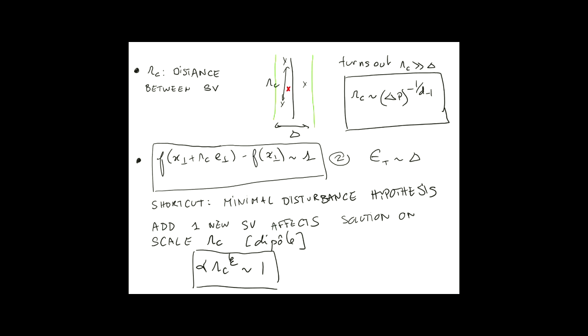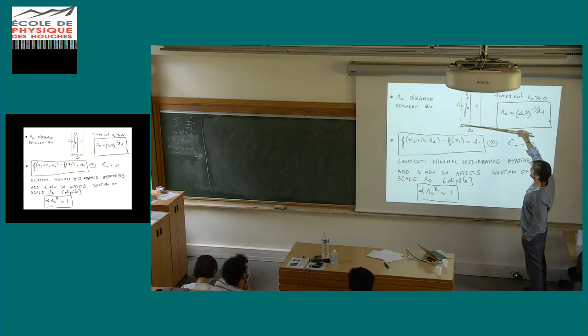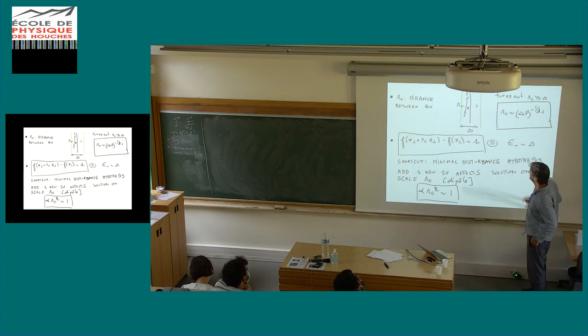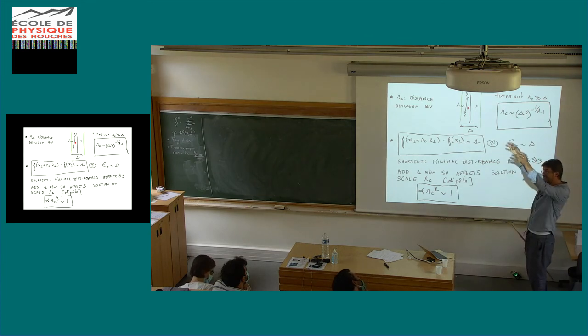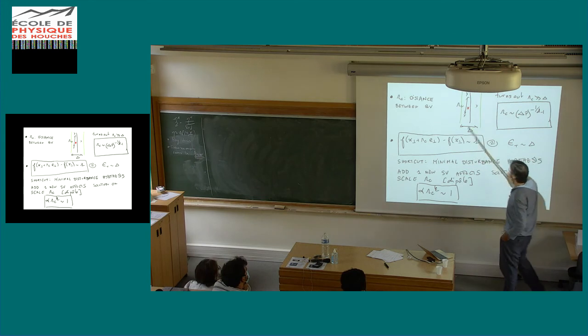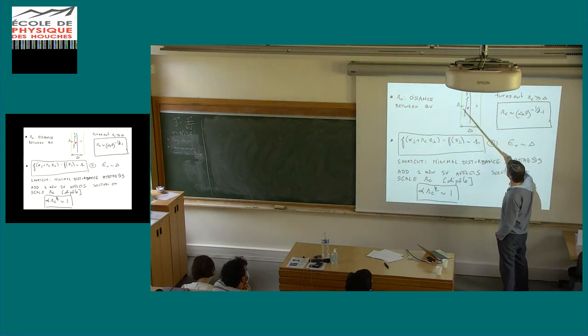Actually, we'll find that those interfaces where you have support vectors are extremely tiny, and the distance between support vectors is much larger. So you manage to build an interface with just a few support vectors like that. So one thing that enters in the argument is the distance between support vectors. So let's assume it's thin. Okay, it will turn out to be the case.